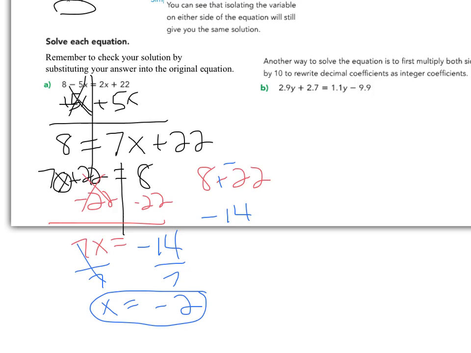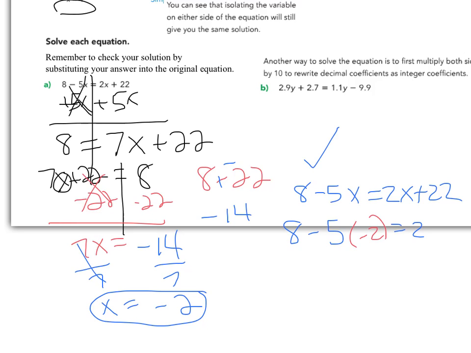Now, I'm going to do the check here. Write down your original equation. 8 minus 5x equals 2x plus 22. And every time you see an x, you're going to plug in a negative 2. So I have 8 minus 5 times negative 2 equals 2 times negative 2 plus 22.